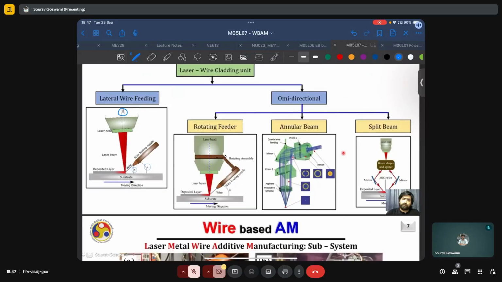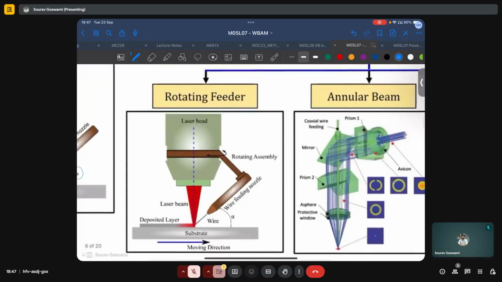Or if we want to ensure that there is omnidirectionality in our process and the built part has isotropic material properties, we can opt for an omnidirectional wire feeding system, which can be effected through the use of a rotating feeder, as shown in this first example here, where the wire is still being fed from a side, but now it can also be rotated around the laser axis so that we can maintain a particular feeding direction.